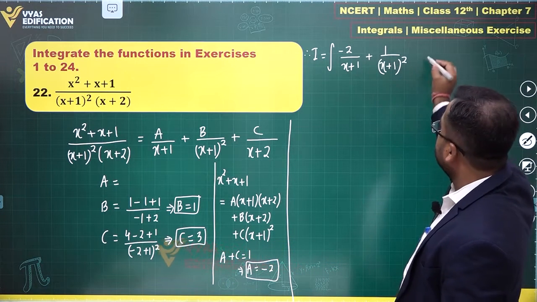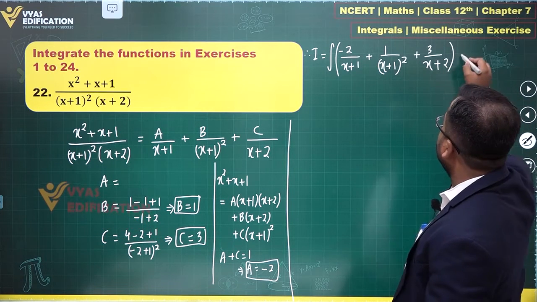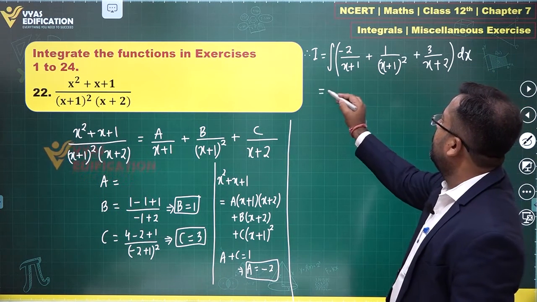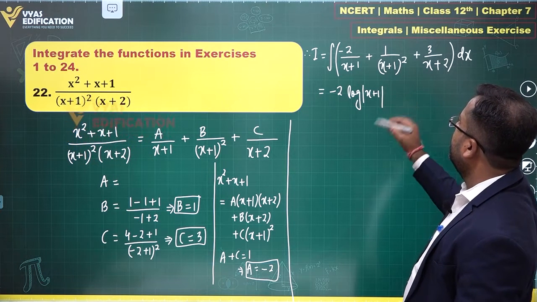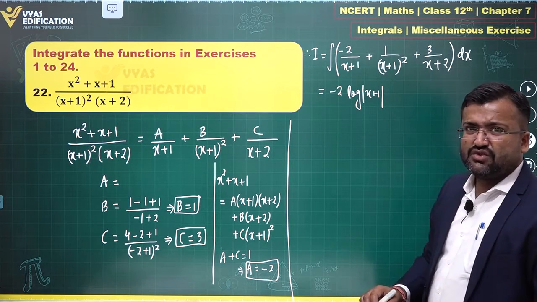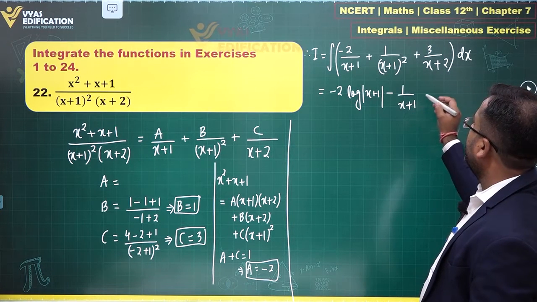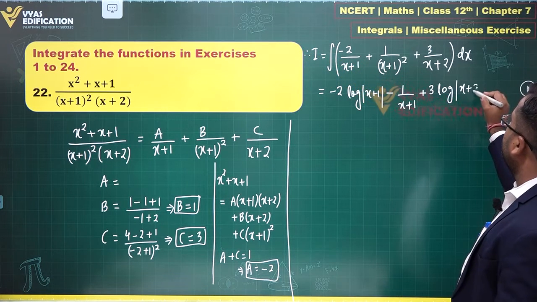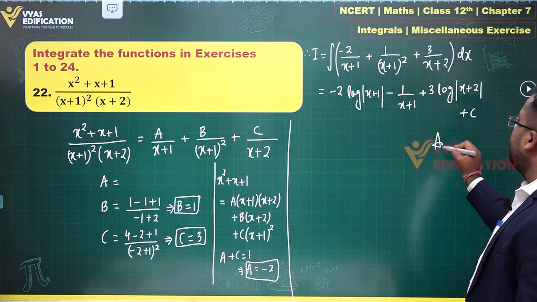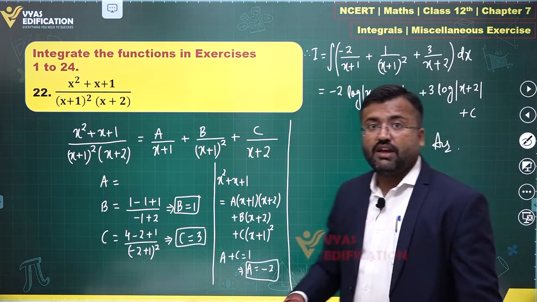And C, which is 3 upon x plus 2 integral dx. What is this? This is minus 2 log modulus x plus 1. 1 upon x square, the integral will be minus 1 upon x. Plus 3 times log modulus x plus 2 plus constant, and that is my required answer for this 22nd question, as you can see over here.